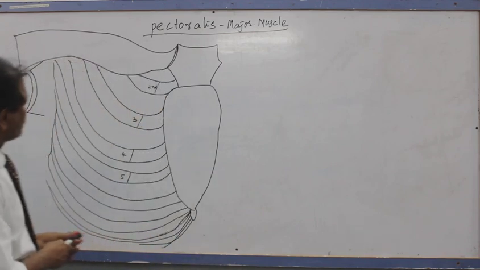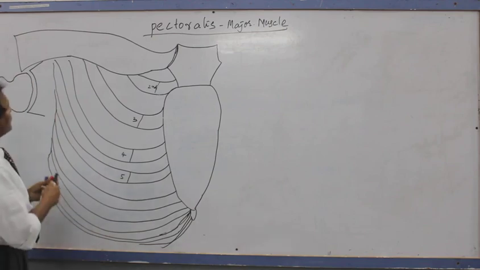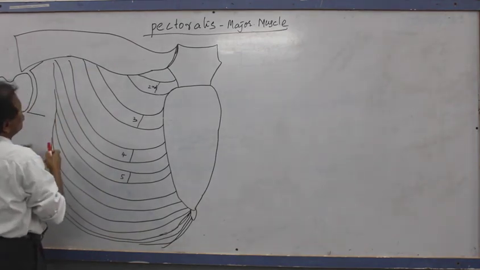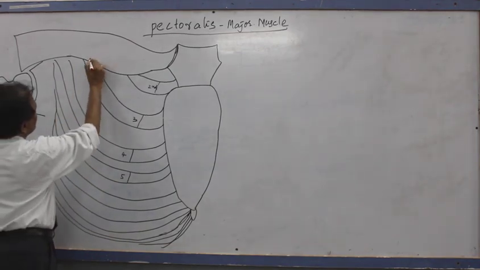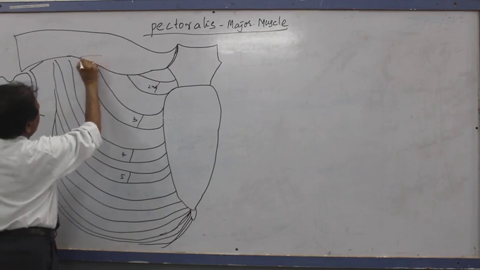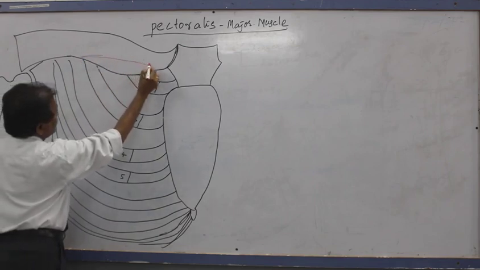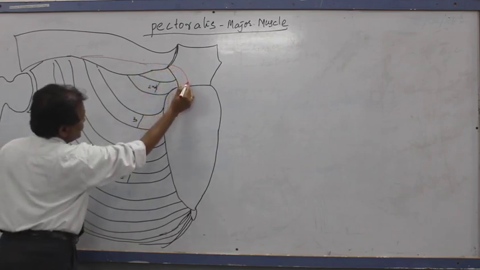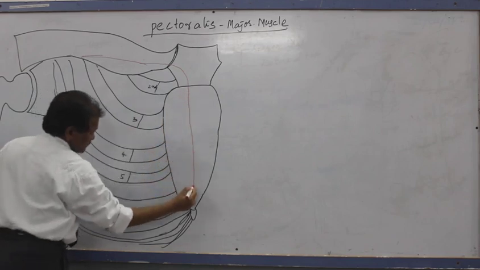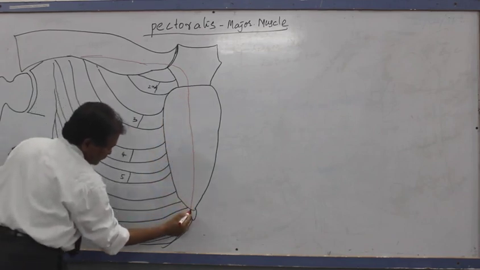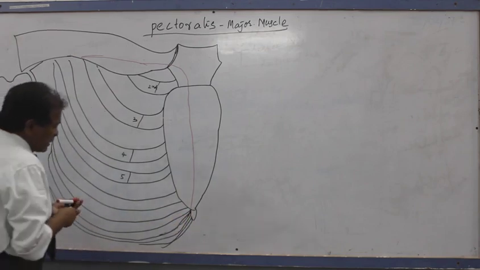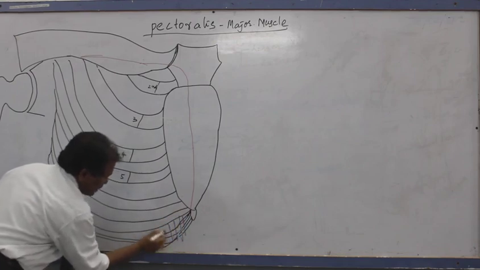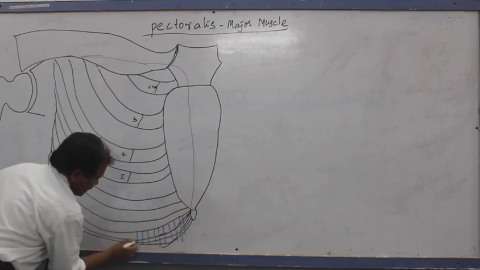So first, the origin. The pectoralis major muscle arises from the medial two-thirds of the anterior surface of the clavicle, and the lateral half of the anterior surface of the sternum, and also from the aponeurotic layers. The aponeurosis of the rectus abdominis and the external oblique muscle.